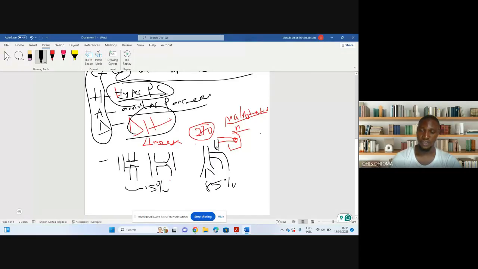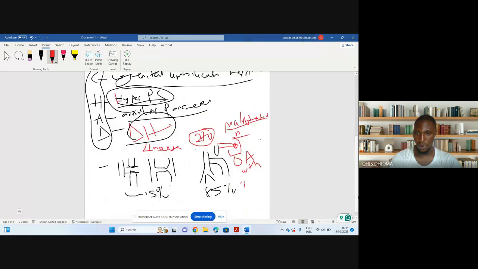This is esophageal atresia with TEF, so this is esophageal atresia with tracheoesophageal fistula. And then this is just complete esophageal atresia, or you can say bilateral esophageal atresia. Either of them is fine.